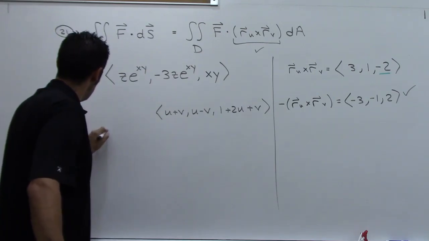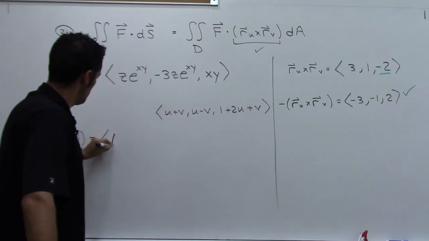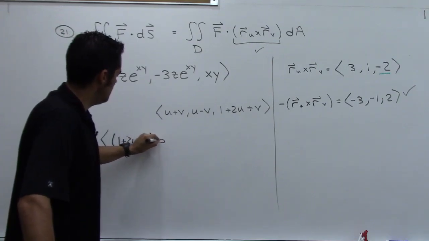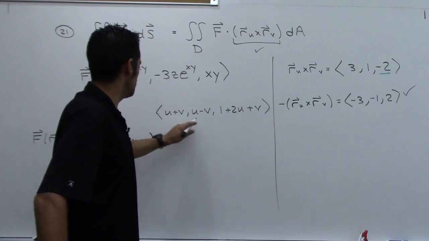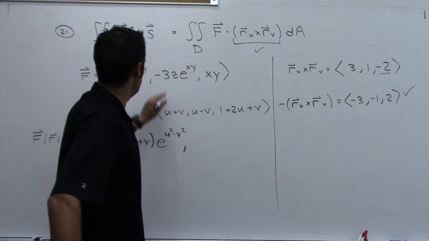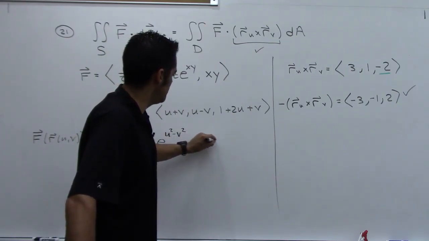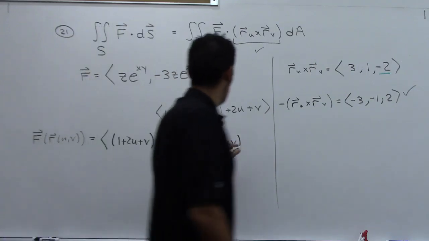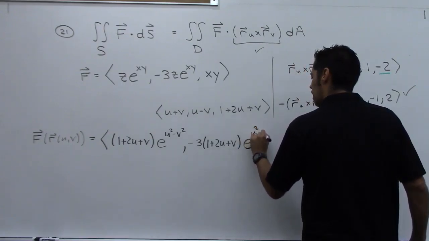It is the vector: z, which is 1 plus 2u plus v, times e to the xy. x times y is a difference of squares, so when you multiply those, you get u squared minus v squared. Then negative 3z, so negative 3 times the z, and then e to the u squared minus v squared.